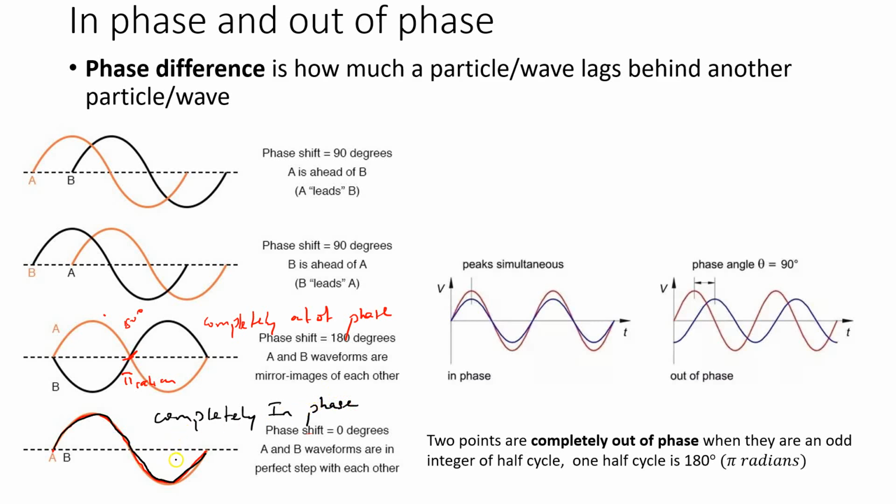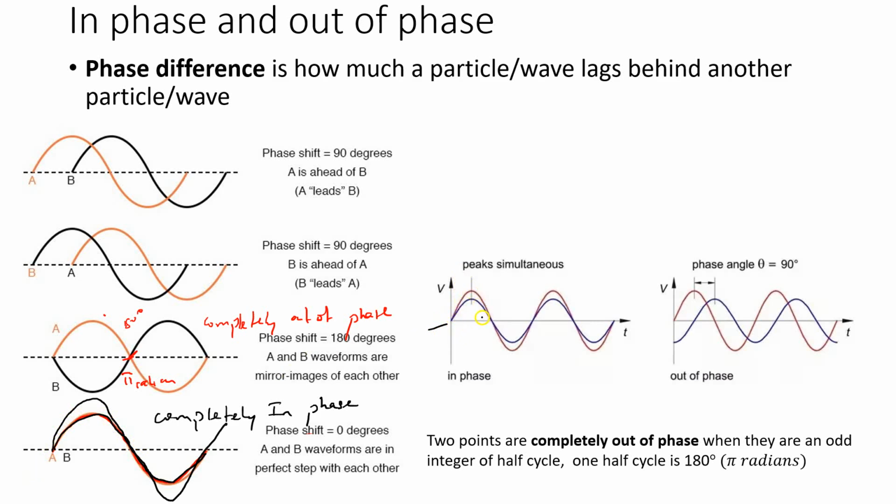Mind you, they don't have to have the same size of wave, because one could be bigger, but from the mere fact that they are cutting across each other, if you compare this, this would mean in phase with each other, right?